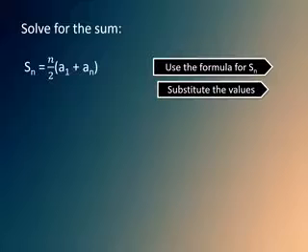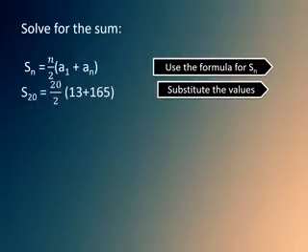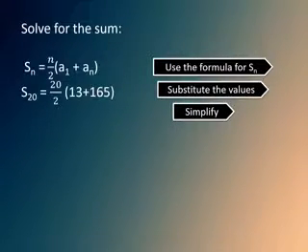Next, substitute the values. S sub 20 is equal to 20 over 2 times the quantity 13 plus 165. Simplify, it becomes S sub 20 is equal to 10 times 178.